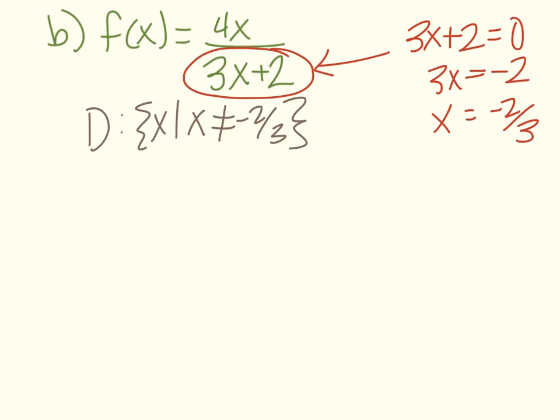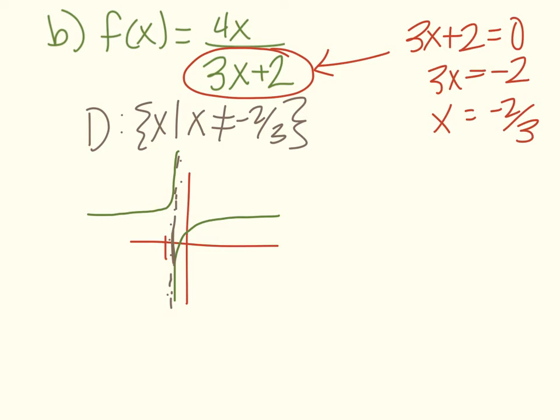If we take a look at the graph, I just graphed this in a calculator to get a feel for what was going on. The graph looks kind of like this. This is not great, but it's something like this, where this value right here is about negative 2/3. That is the issue here.